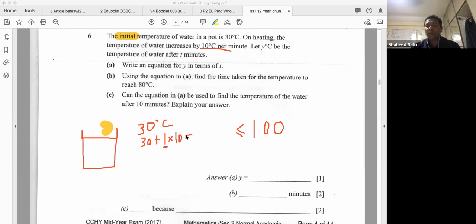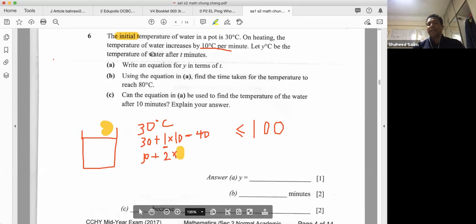So this will be 40 degrees after 1 minute. After 2 minutes, 30 plus 2 times 10, become 50 degrees. So this is actually the formula.